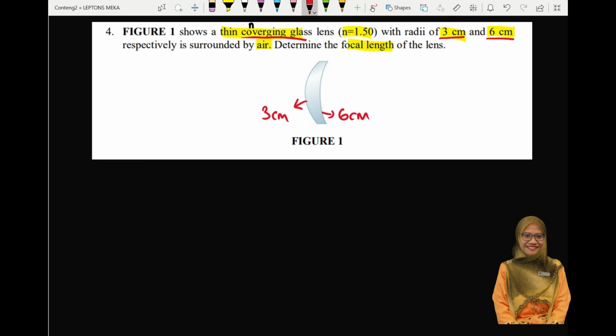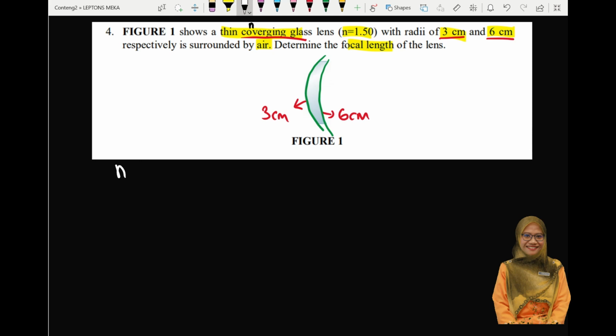Sebenarnya you pun boleh nampak. Ini dia lebih flat. That's why dia adalah 6 cm. But this one dia more curving. Nampak tak? Dia lebih curve. So bila dia lebih curve, maksudnya dia lebih kecil lah. Sebab tu kena biasa jawab soalan. So we list out the information.